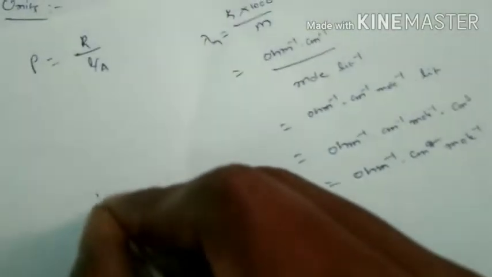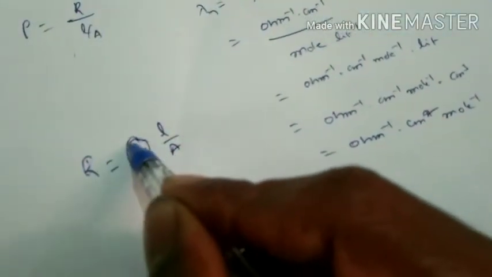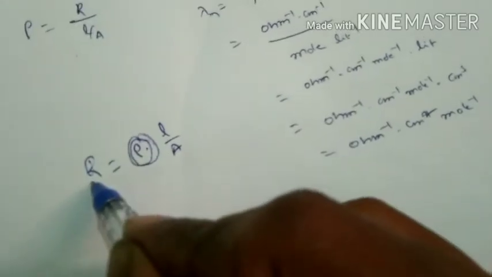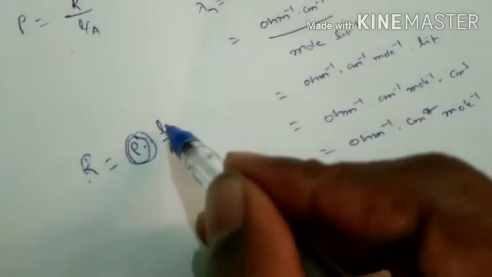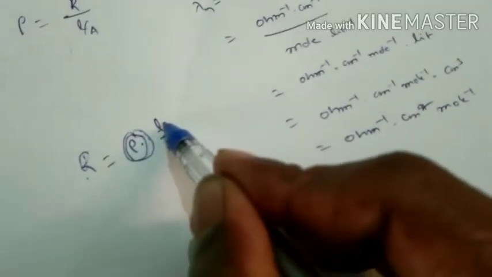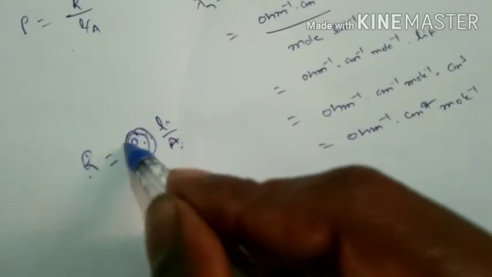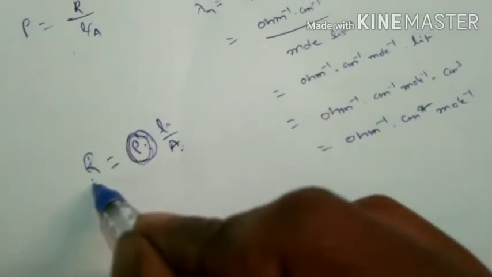We know already R is equal to rho into L by A. Suppose this is the length of the electrode and this is the area of cross section. When these two become one, automatically resistivity is equal to resistance. That is the definition.